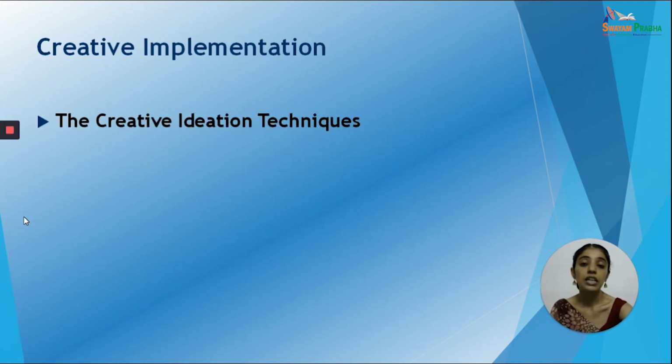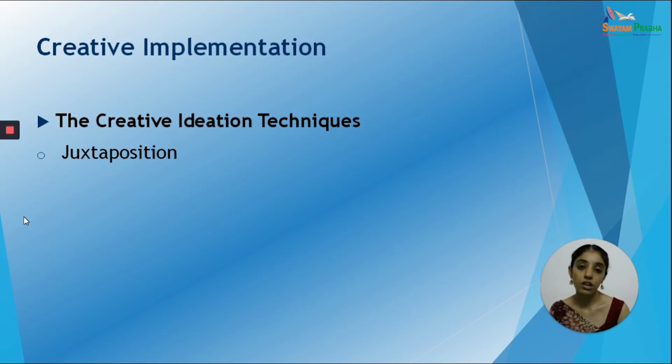Further, the creative implementation involves creative ideation techniques. I am discussing with you here very briefly a few techniques that are used in the ideation process. The first one is juxtaposition. Friends, juxtaposition is a term used when you bring two different ideas together, when you try to put two ideas together which might be unrelated.